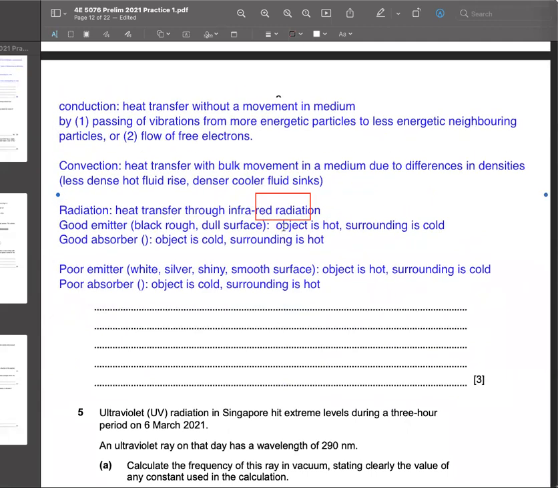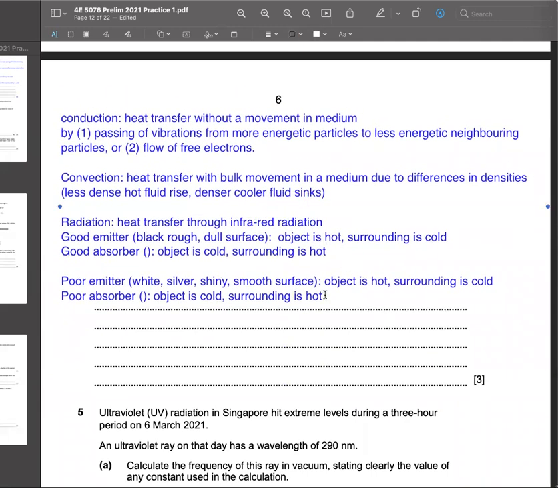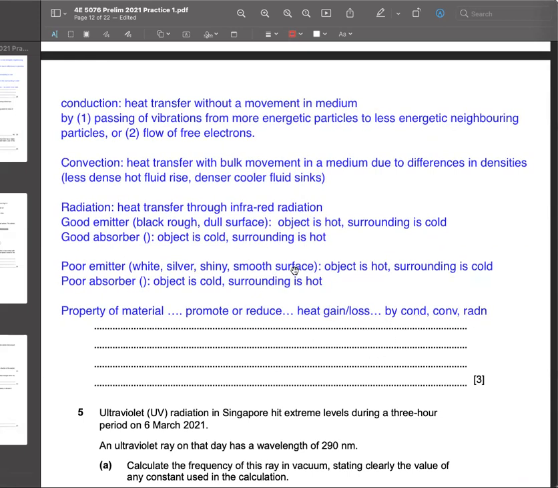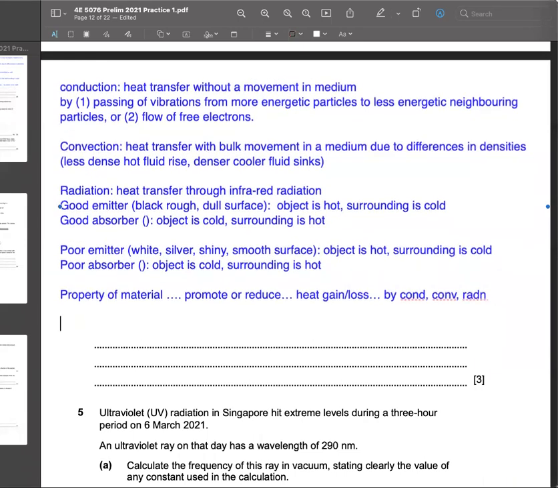Okay, then what are the things that we need to talk about when we answer such questions? We must always start off with the property of the material first. Then what does the property do? Does it promote or reduce heat gain or loss? And then by conduction, convection, or radiation. Okay. So for example, what about trapped air?